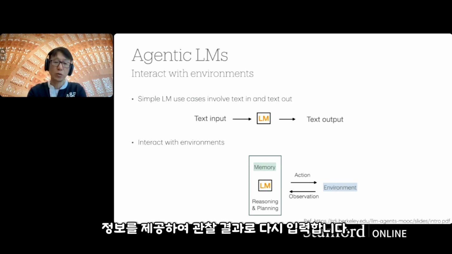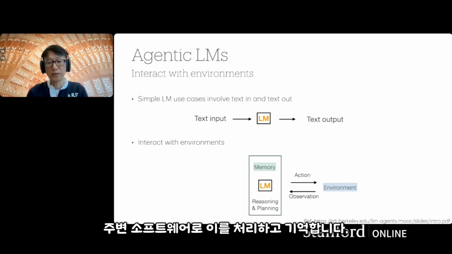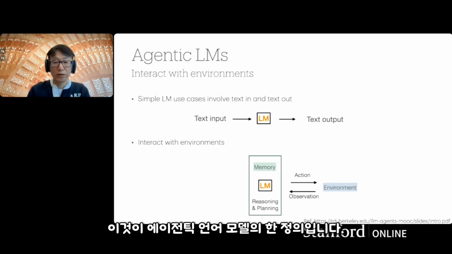Then the whole agentic language model, which includes the language model at its core with the software around it, will process it and also put it in a memory, along with its conversational history, which can be taken as a memory. So this is one way to define an agentic language model.